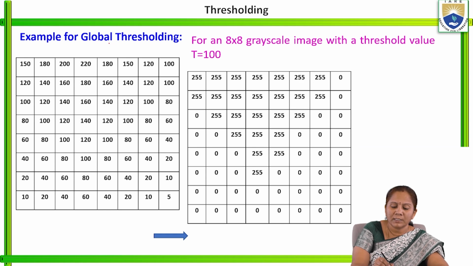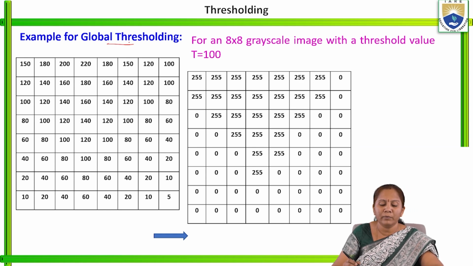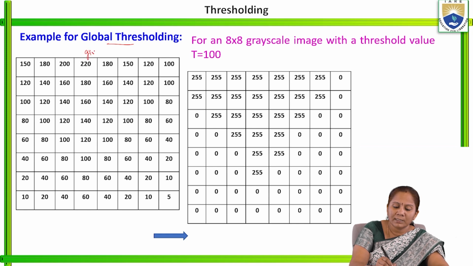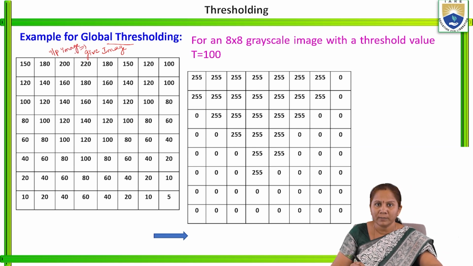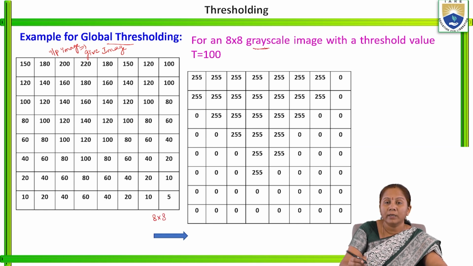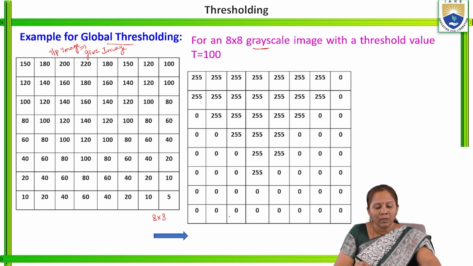Now here, this is one example for global thresholding. Let us consider this is the given image, which is the input image having different intensity values. Now this is an 8 by 8 grayscale image. So we can see different values.